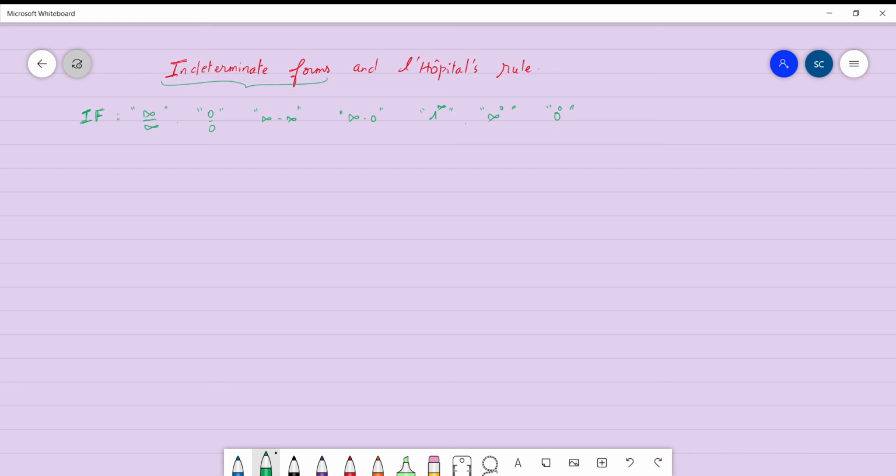L'Hopital's rules allow us to overcome these difficulties and find the answers, in particular for the first two indeterminate forms. So what does it say? Let's write what the theorem says.